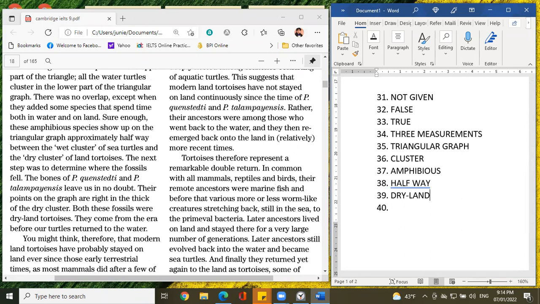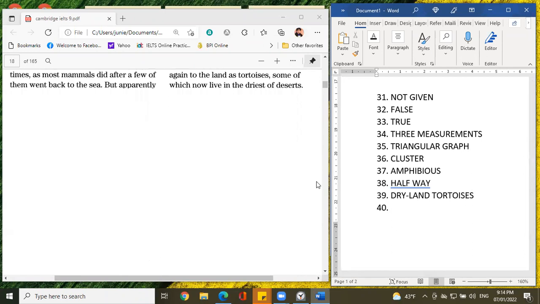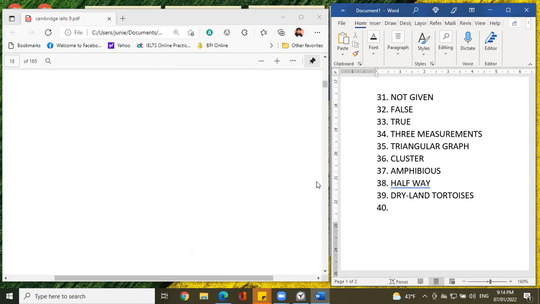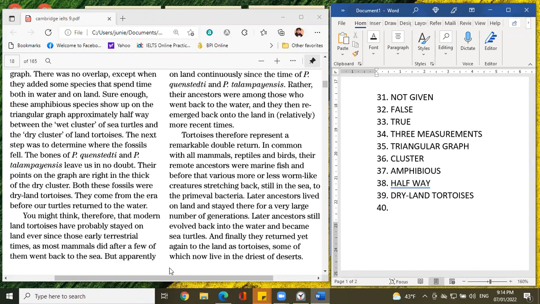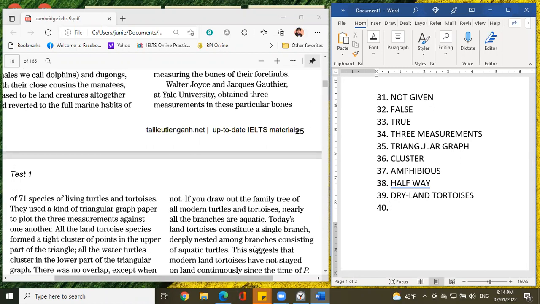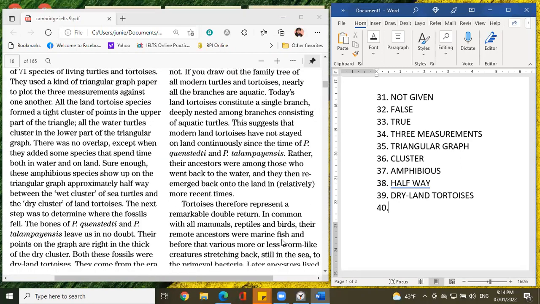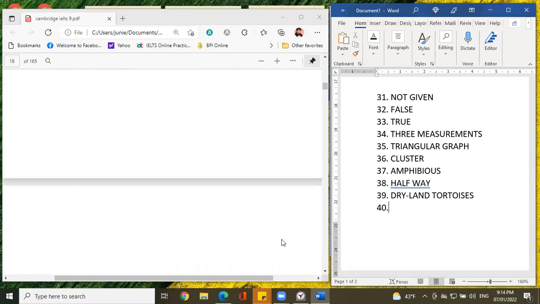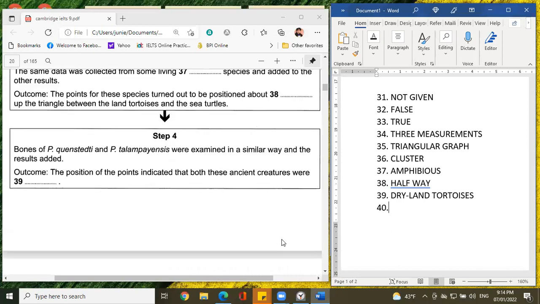Dry land is considered one word and tortoises is another word there. Okay, and then 40. Look at that. Oh, we haven't even read this part. Oh, all of that. We're already at number 40.